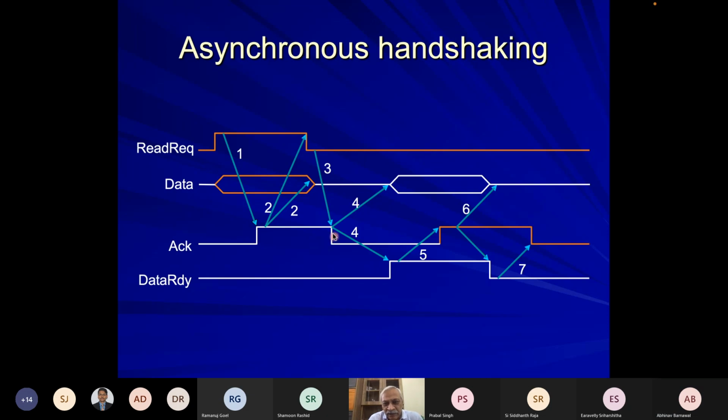Well, in this case, it is essential because the same wire is to be used by the master. So ACK has to be lowered from the slave side, and to the master it is an indication that this first handshake is complete.